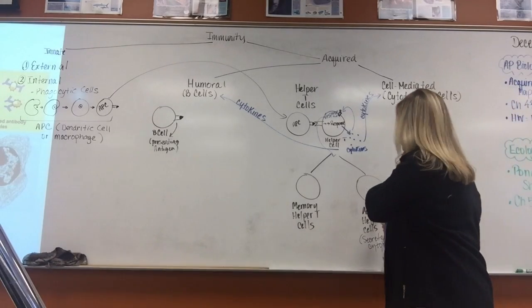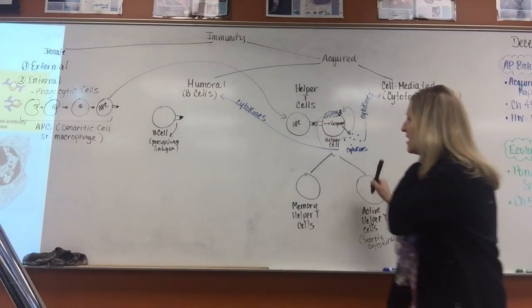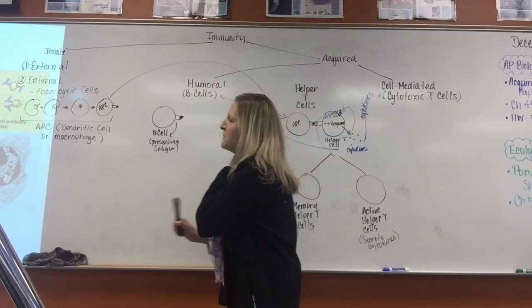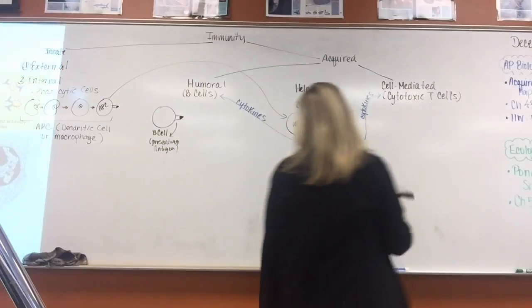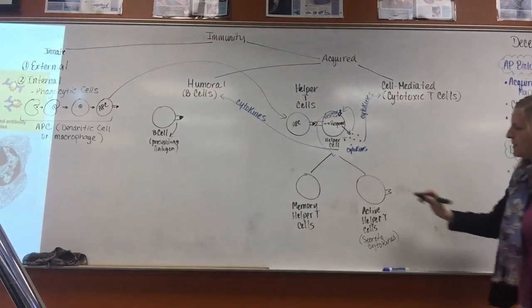So then, now this active helper T cell, the active helper T cell that's releasing the cytokines is going to activate this B cell, and it does that in two different ways. By binding to it, so notice here the activated helper T cell binds to the B cell as well as secretes cytokines. So when we look at this active helper T cell, let me put a receptor on it.